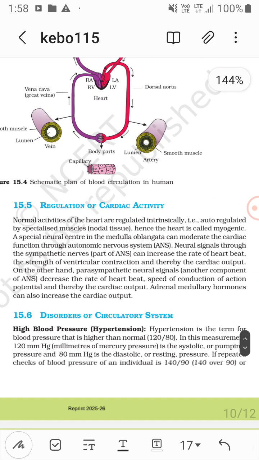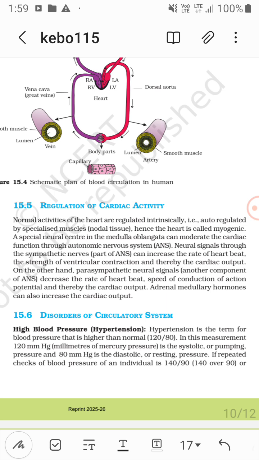Now the regulation of cardiac activity. The normal activities of the heart are regulated intrinsically, that is auto-regulated by specialized muscles, the nodal tissue. Hence the heart is called myogenic. A special neural center in the medulla oblongata can moderate the cardiac function through the autonomic nervous system, that is ANS.